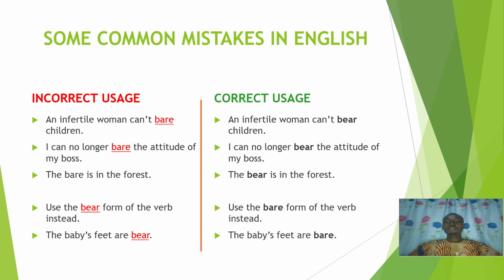Then we have I can no longer bear the attitude of my boss. In other words, I can no longer endure or I can no longer tolerate the attitude of my boss. So we have BEAR. The bear is in the forest, referring to an animal.